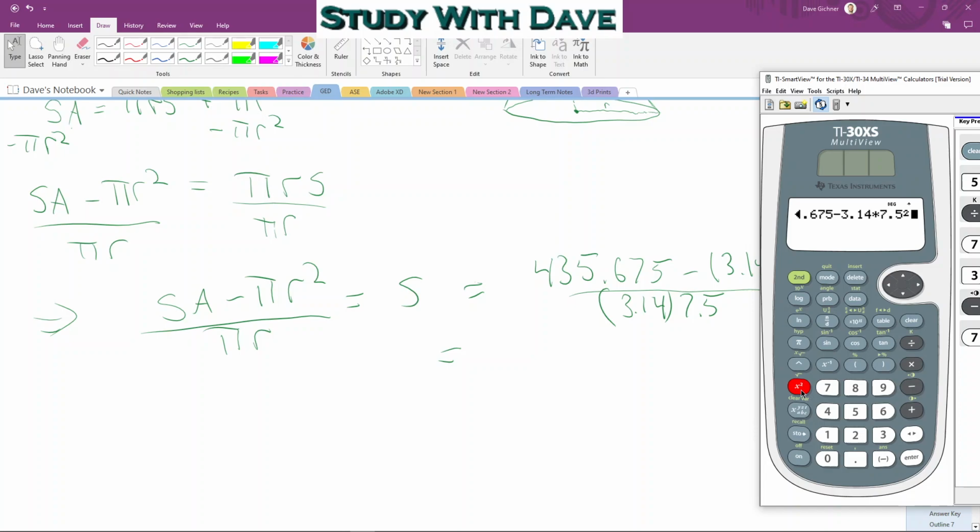Now I'm actually going to break this up into parts because otherwise I have to use a bunch of parentheses to get this all at once. So I'm just going to hit enter and then, boom, we have our numerator. So now I'll just go second answer and then divide by the rest, 3.14 times 7.5, in parentheses because we want to multiply the bottom first. I guess it doesn't really matter, but I just like to do it this way.